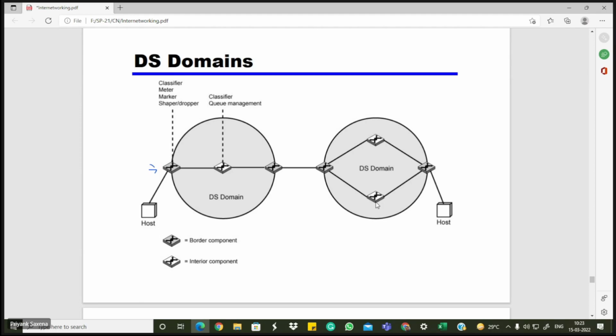If it is not in this DS domain, then the DS domain will attempt to forward the packets through other domains, right? It is not like only the intended destination will be available here. So in case the intended destination is not part of this DS domain, the service provider will try to forward the packet to another DS domain in order to reach the destination.